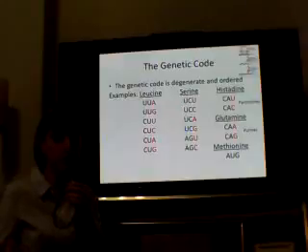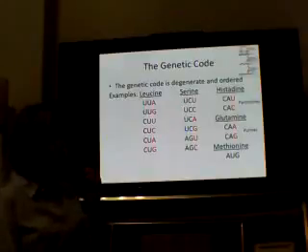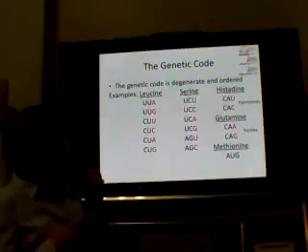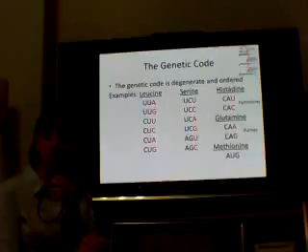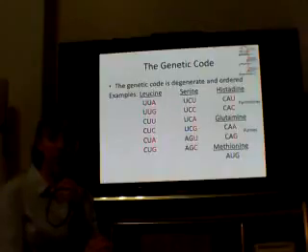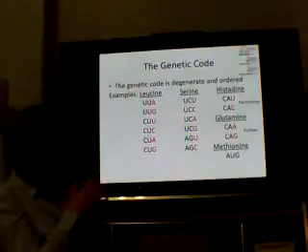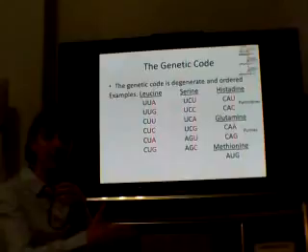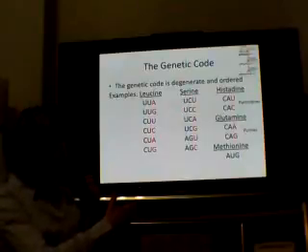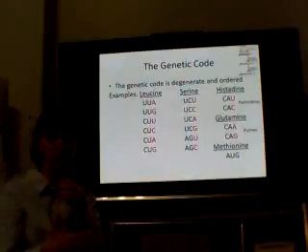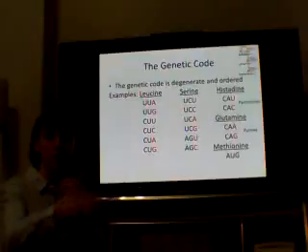There has to be some repetitiveness here. And that's exactly what we see. So for leucine, you'll notice that it's really the last nucleotide, the third in the codon, that's different. Okay? So it's UUA, UUG. UU is the same. Then CUU, CUC, CUA, CUG. CU, something else.